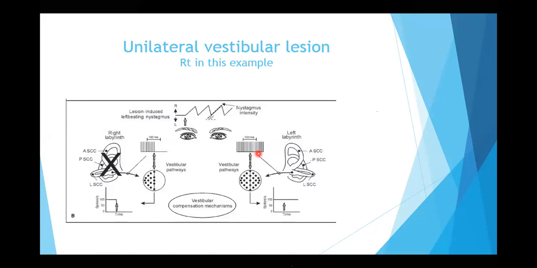What it does, it sends a signal to the oculomotor nuclei to command the extraocular muscles to start VOR. Now the person's eye will move towards the right side. Why? Because the vestibular nuclei understood that the head is moving towards the left side and the eye has to move towards the right side.